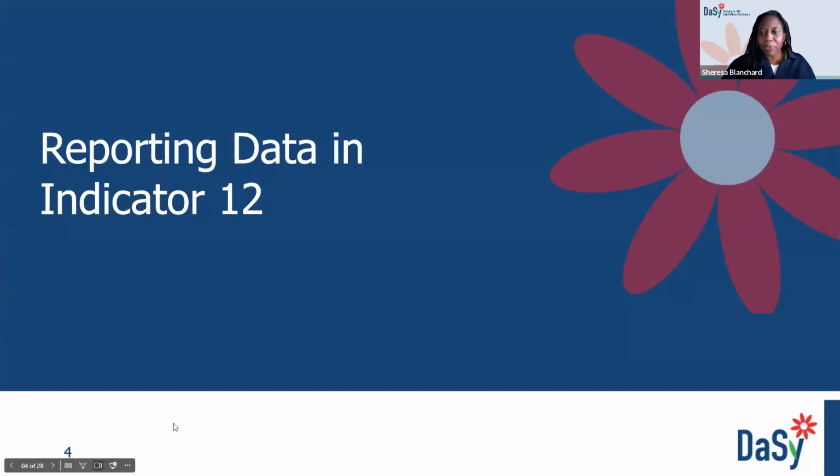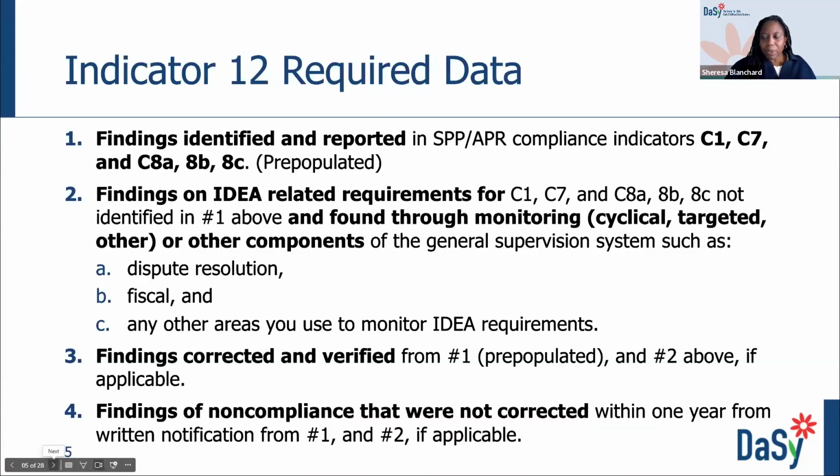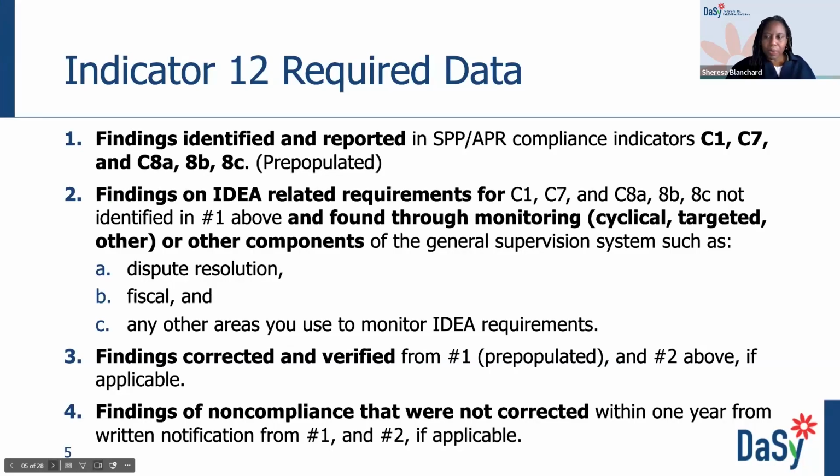All right, so now we will review reporting data in Indicator 12. On Indicator 12, required data, there's 4 areas we're going to review for required reporting data. First, we have findings identified and reported in SPP APR compliance indicators C1, C7, and C8A, 8B, and 8C, and those are pre-populated.